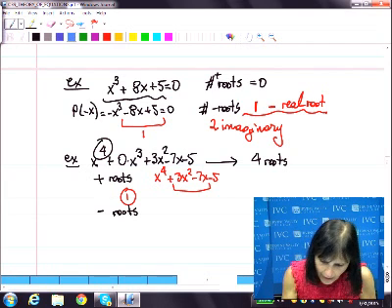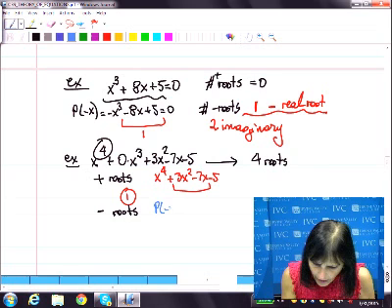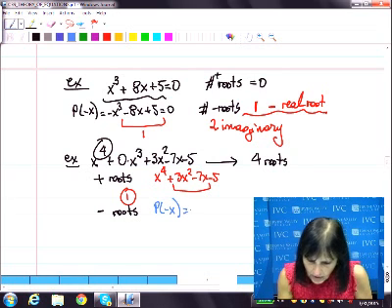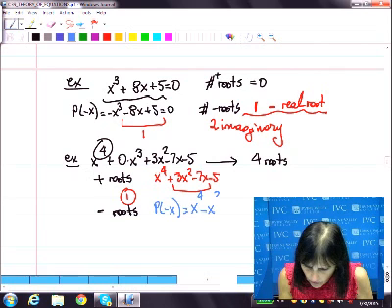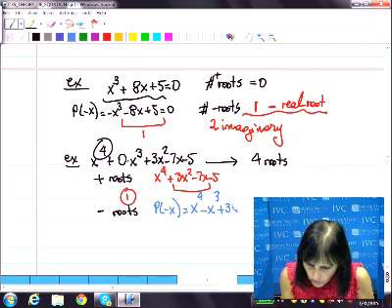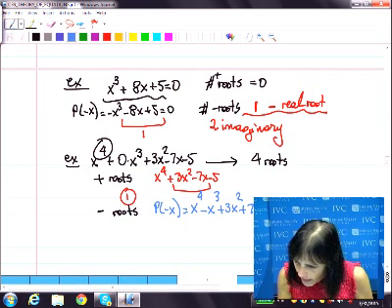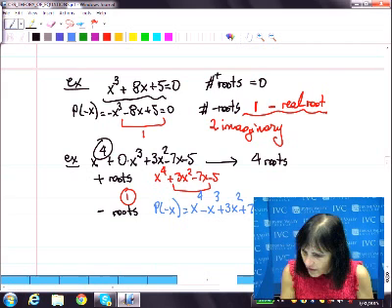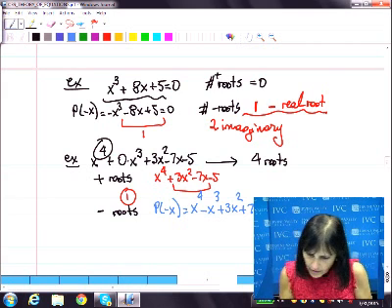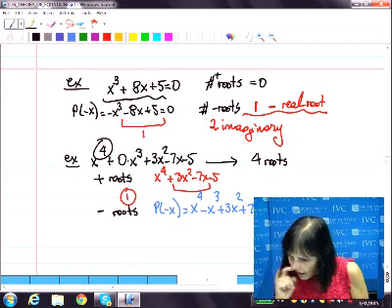What am I supposed to look at? I'm supposed to look at P of negative x. Put that negative, and then let's get it. I'm going to get x to the 4th minus x cubed plus 3x squared, and when you put a negative, you're going to get plus 7x minus 5. How many times is this changing?